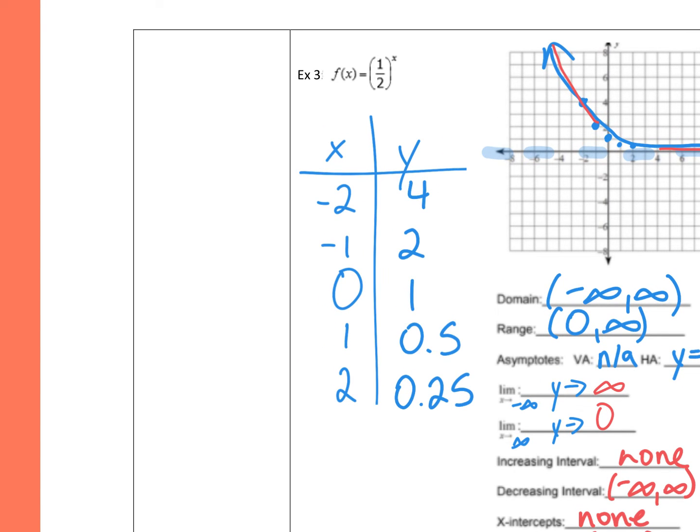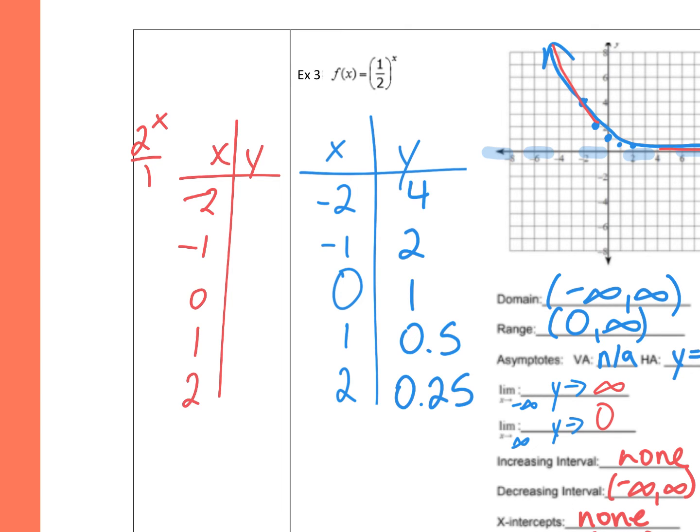Okay? So let's say, for instance, that I had 2 to the x power, which is just the reciprocal of that. You with me? So if I were to plug in these same numbers for x, so -2, -1, 0, 1, and 2.